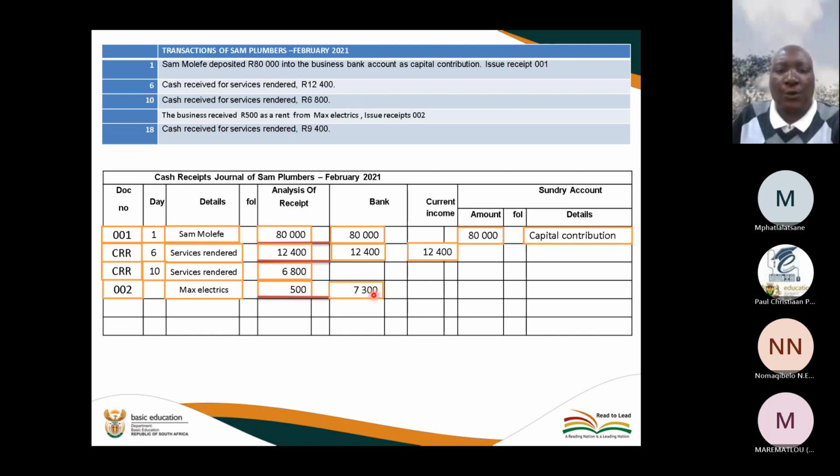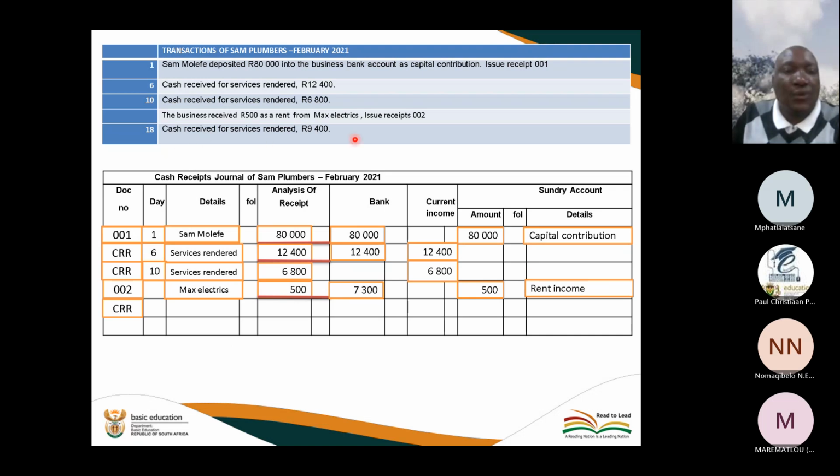And then we transfer that amount to the bank account, 7,300. And then we can distribute those amounts to where they're supposed to go. Like 6,800 is supposed to go to the current income, 500 is supposed to go to the sundry account, 500 amount for what? Rent income. Now let's do the last transaction.